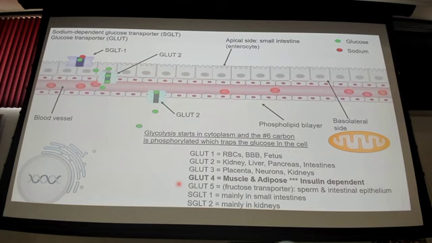Any questions? Yes. If glucose is high, is it just upregulation of the GLUT4 protein? Yeah, that's a great question. So what happens when there's a lot of glucose in the blood? Insulin is going to increase.